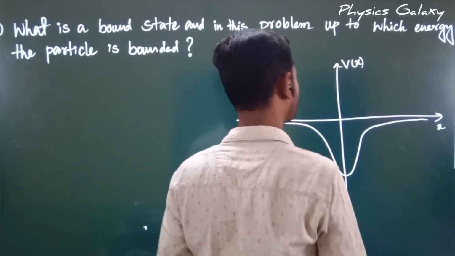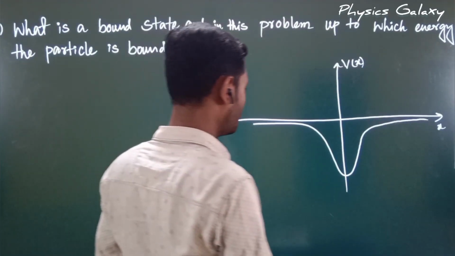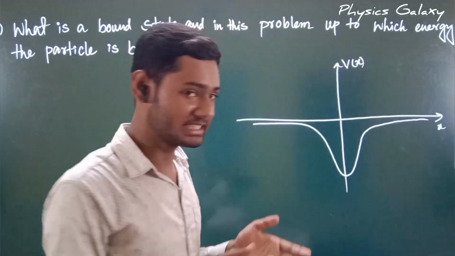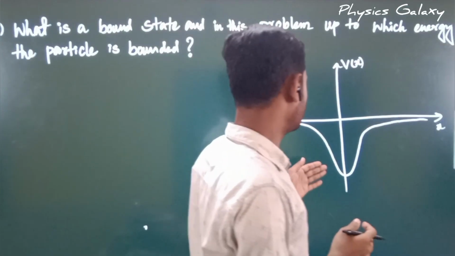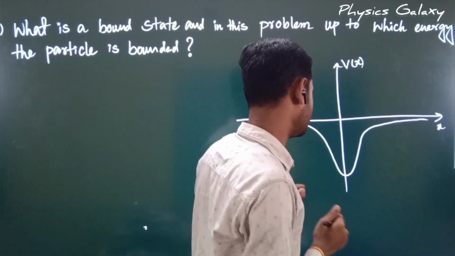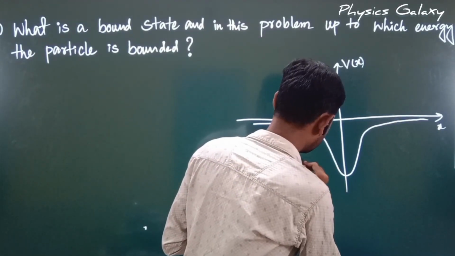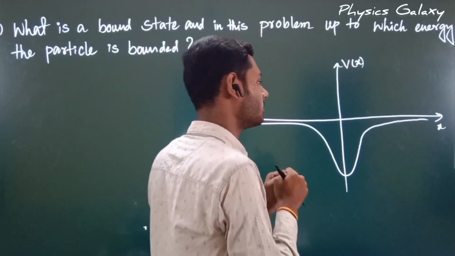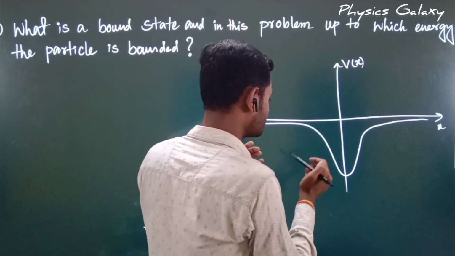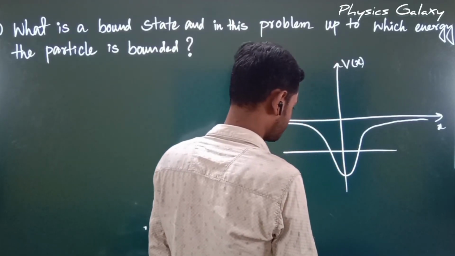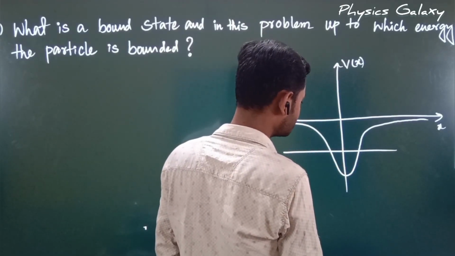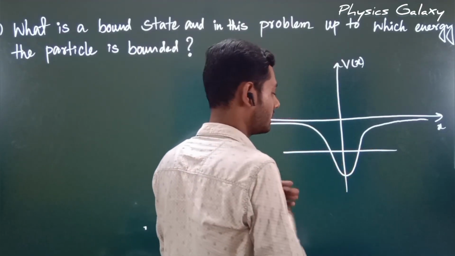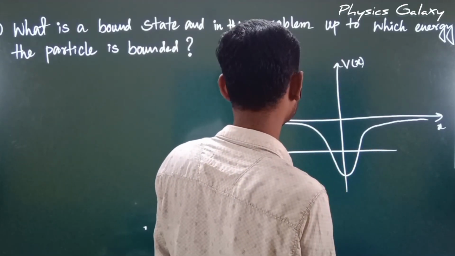Now what is a bound state? When the energy of that particle, or that system, is lower than the potential energy profile of this type of system, so if the energy is something like this, then it is bounded, or I can say this is the bounded particle.